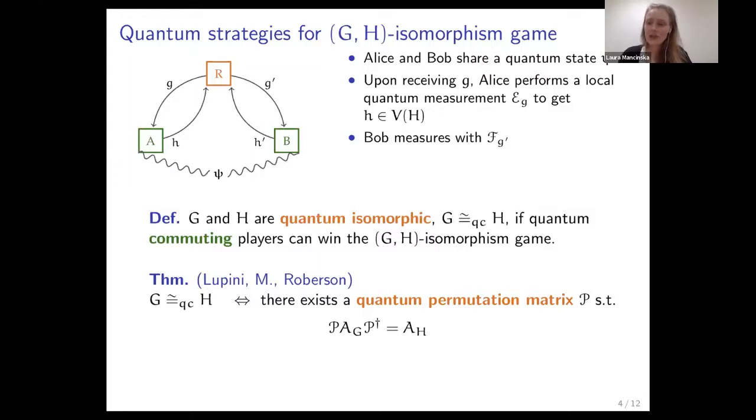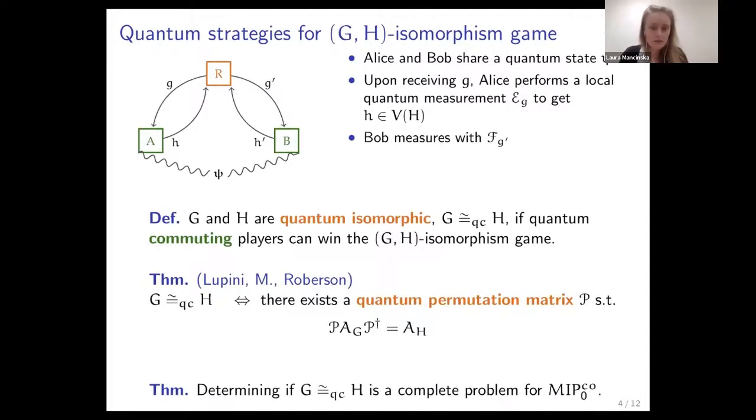Now, in this case, what we need to find is this object that is known by the name of quantum permutation matrix. And such matrices are studied in this area of non-commutative mathematics, namely quantum groups that I mentioned before. Okay, you could think that this quantum permutation matrix is some sort of a generalization of a permutation matrix where you replace every entry in your permutation matrix with a projection, so with a matrix.